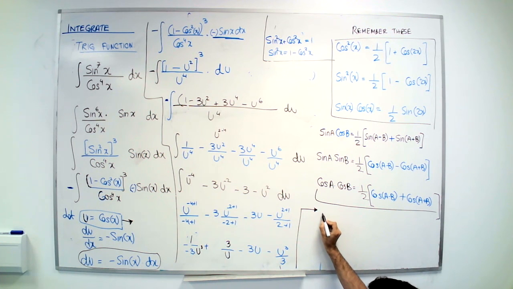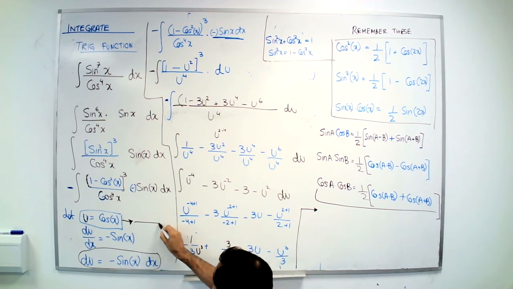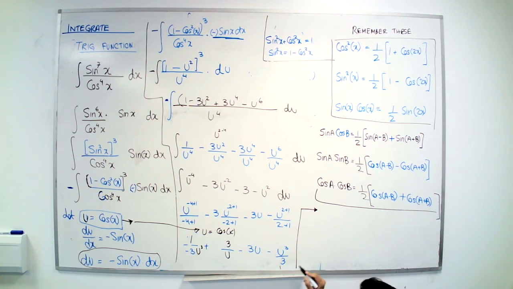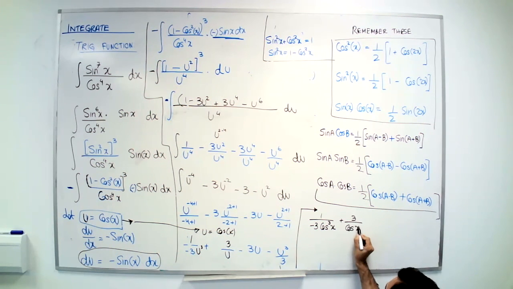I know u equals cos x. So I put that one here. 1 over minus 3 cos x, and obviously there's a cube, plus 3 over cos x minus 3 cos x minus cos x, and there's a cube there as well, over 3, plus a big massive C.